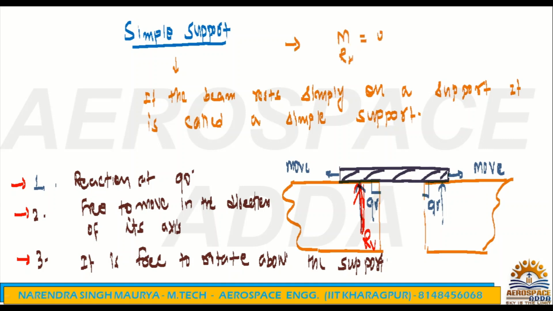No horizontal reaction, that's 0. Only vertical, because it is acting at 90 degrees, so only vertical is unknown at one end. Similarly, if two supports are there, for both supports one reaction force will be there, so two reaction forces. Simple now.